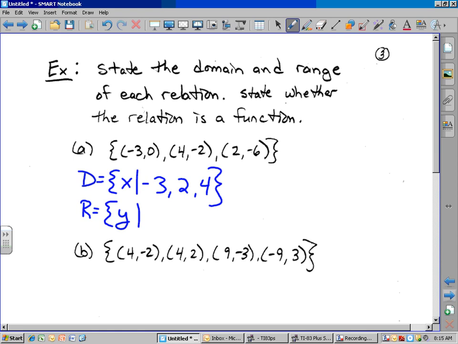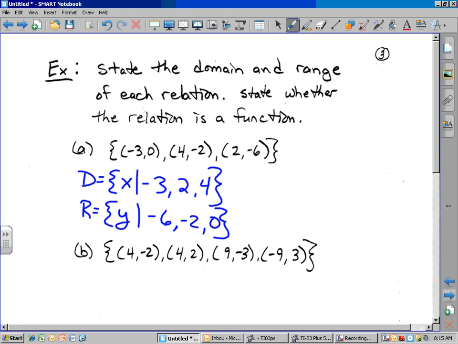All right, what's the range going to be? Good. Is it a function? For every x, there's exactly one y. Do we have any repetition?